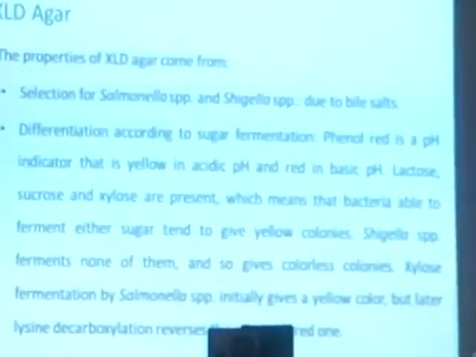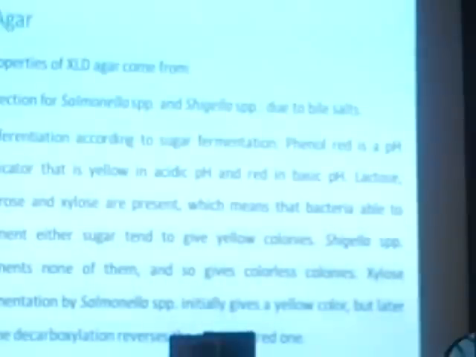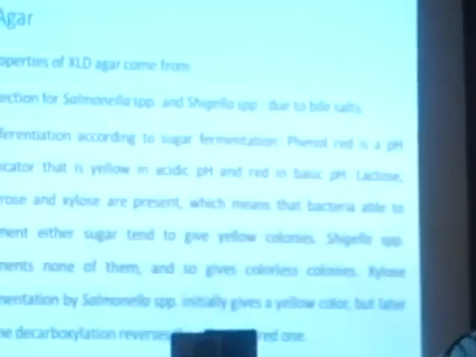It has a carboxyl group and an amino group. Now, when Salmonella removes the carboxyl group of this amino acid, it will increase the pH. Therefore, it starts as a yellow colony during incubation, but at the end of the incubation, it will shift the pH from the acidic more towards the basic.